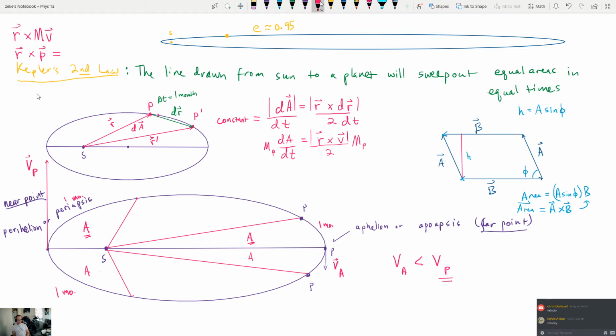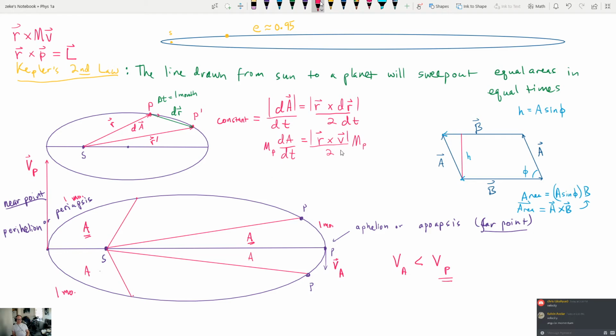If you take r cross momentum, what do you get? Angular momentum. That's right. So when we do r cross p, we get angular momentum. The symbol we've been using for that is L, right?